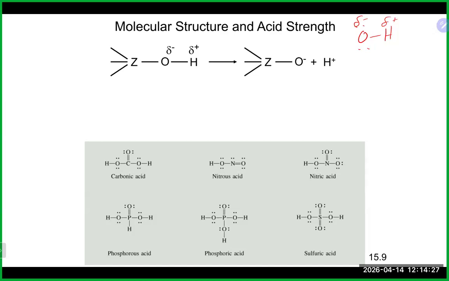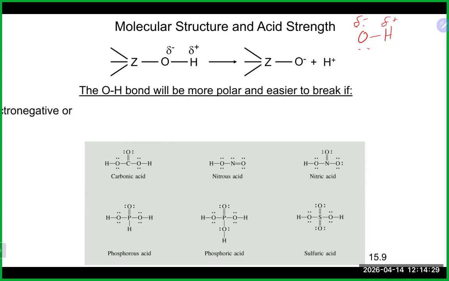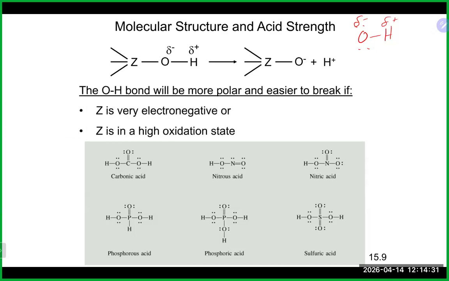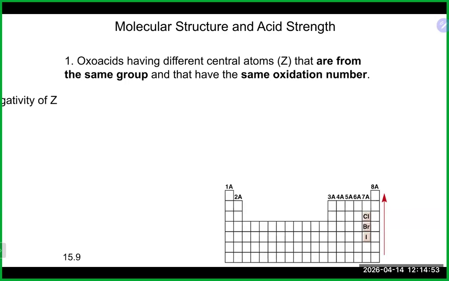And when we have an oxyacid, there's really one of two things that we look at in terms of comparison of acid strength. We may look at the electronegativity of the center atom, or we may look at the oxidation number, or oxidation state, of that central atom. So let's take a look at in what situation we should look at what.